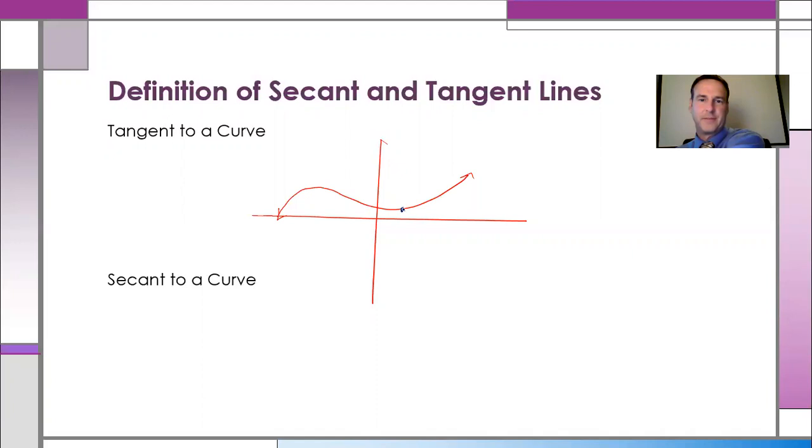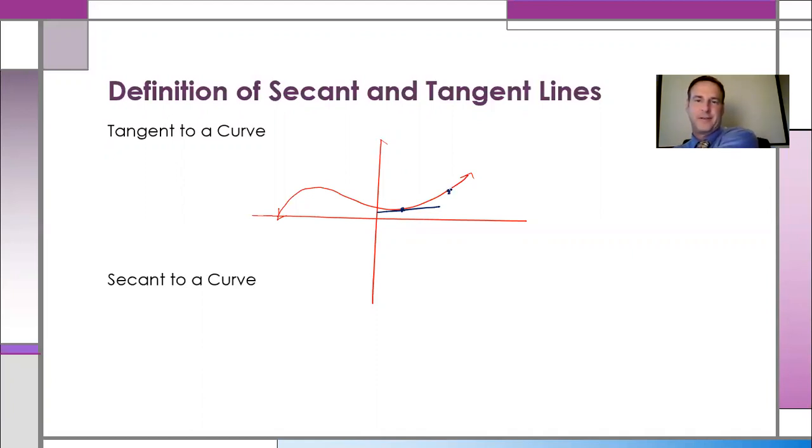So let me see if I can make that look good. That's probably not too bad. You can see that this line is unique to this point because it only intersects at one spot, and that's where you see it right there. Every point on the curve has its own unique tangent line.